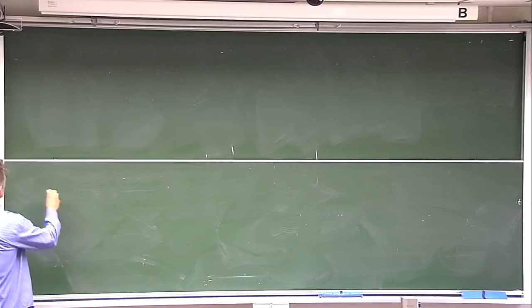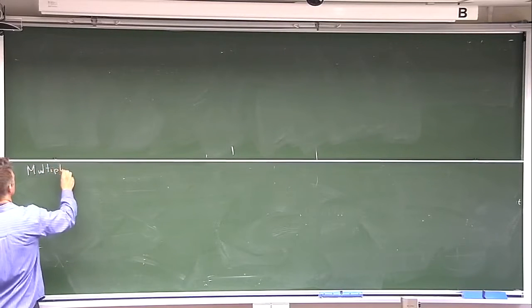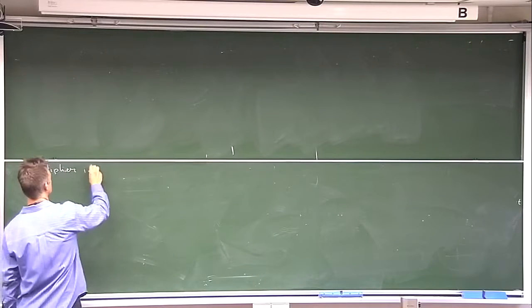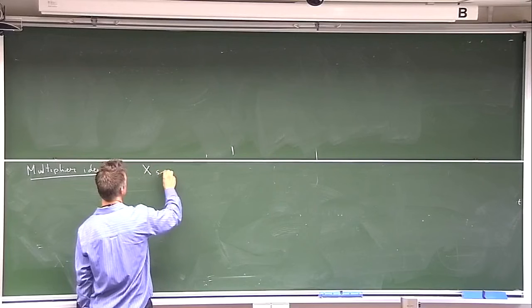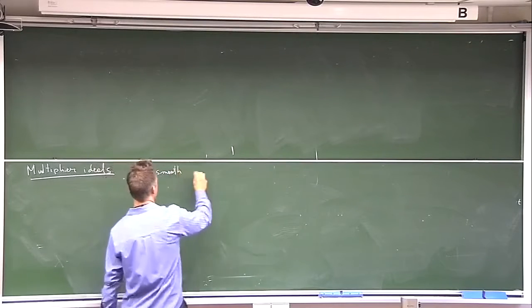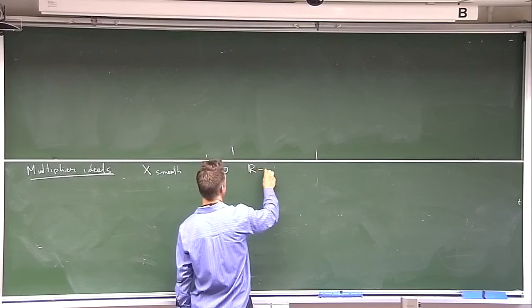And what I want to do is define multiplier ideal sheaves. So let's assume that X is smooth and B is some effective divisor.